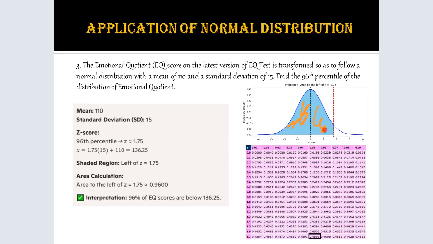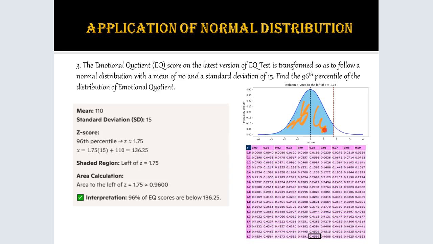Okay? So, how do we get now the value of the x? Di ba, ang formula natin is z is equal to x minus the mean all over the standard deviation. So, paano natin makukuha yung x?